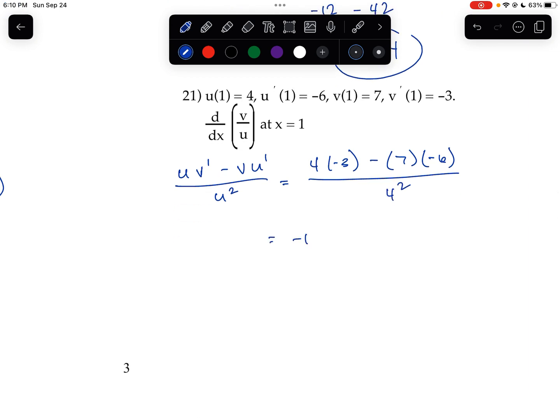So it's going to be equal to negative 12 plus 42 over 16. So that's going to be 30 over 16. And that's divisible both by 2, so that's going to be 15 over 8.